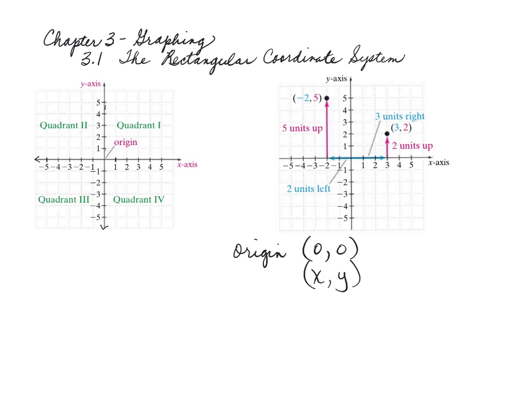So that point is negative 2, positive 5, and that's how it's labeled. It's very important that you understand that every point that we're dealing with has to have an x value and a y value. And you always list the x value first and the y value second.